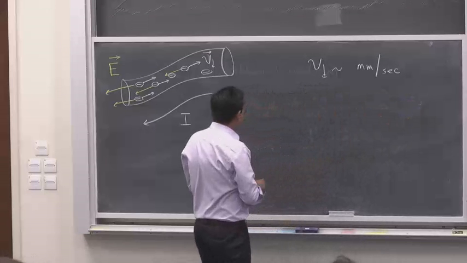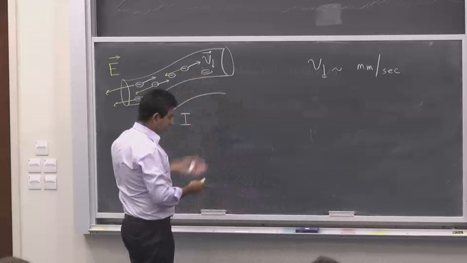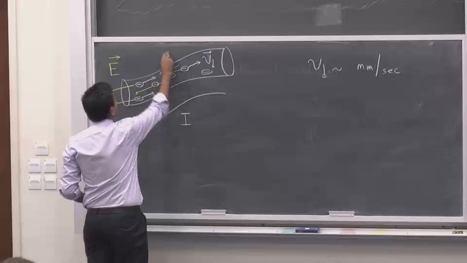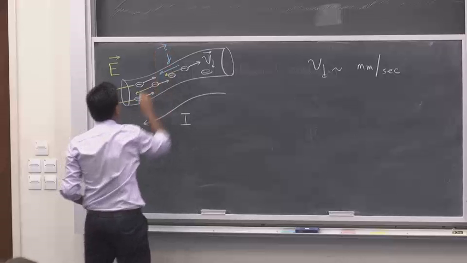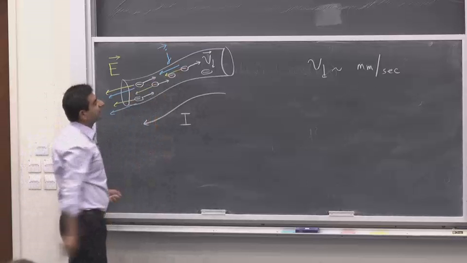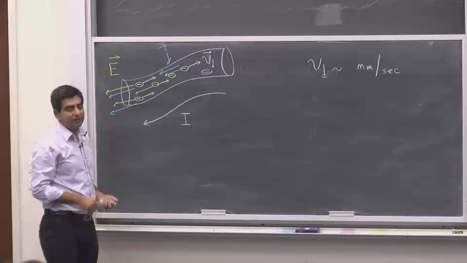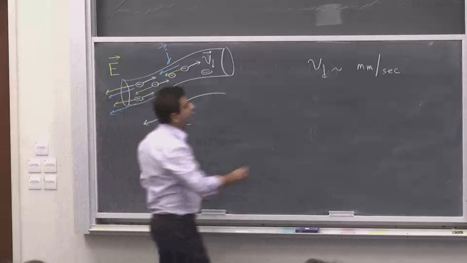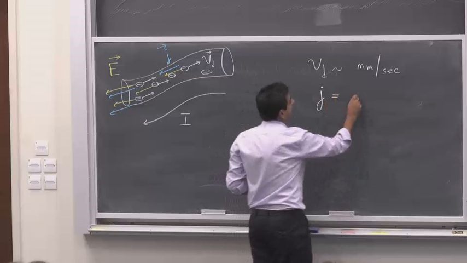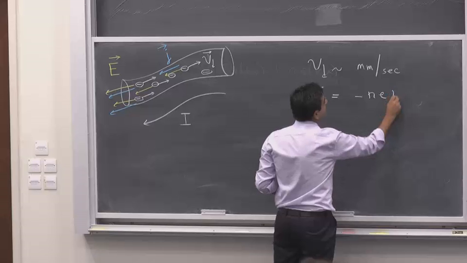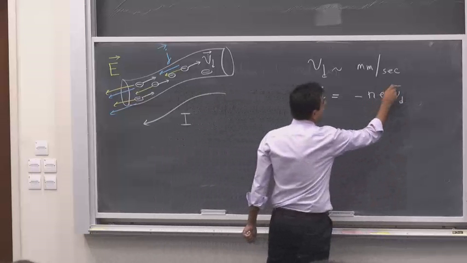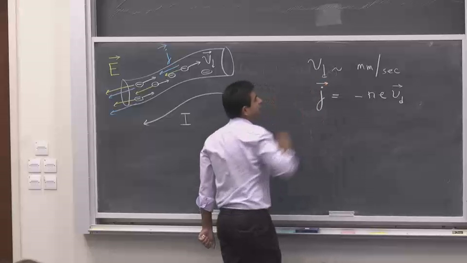What we do know is that corresponding to this drift velocity there has to be a current density J. So this is the direction of the current density J. And J is opposite in direction to the drift velocity because we're talking about negatively charged carriers. So this current density J is minus neVd. And since the drift velocity is a vector, the current density is also a vector.